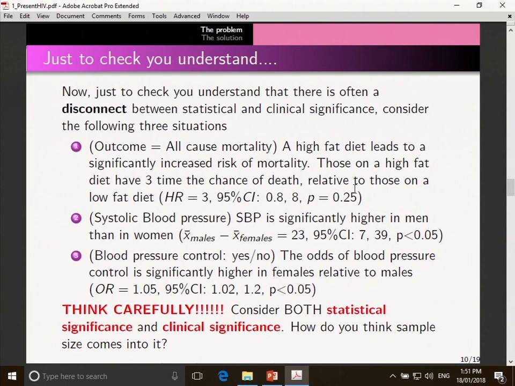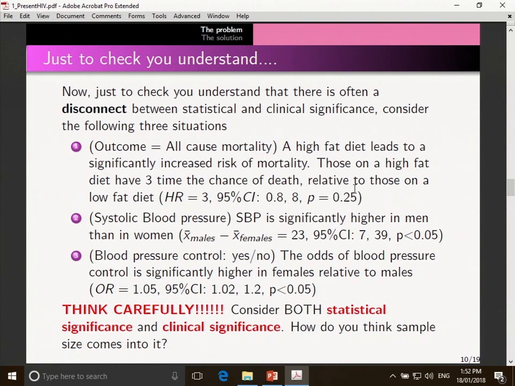Case number 2: systolic blood pressure as a continuous variable is significantly higher in men than in women. The mean difference was 23, and we have a confidence interval of 7 to 39, and P was less than 0.05. Is it clinically important? Yes. Now, you need to know something about systolic blood pressure, don't you? You have to have some clinical knowledge to assess that.